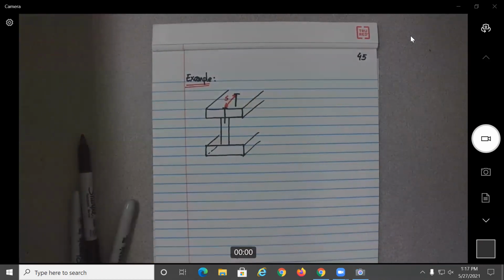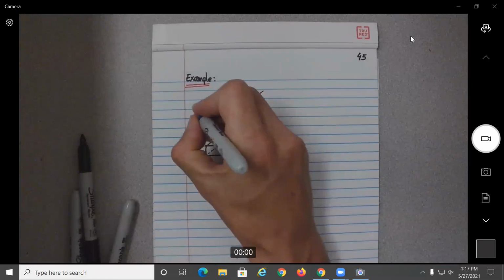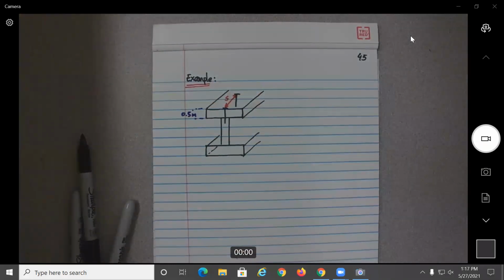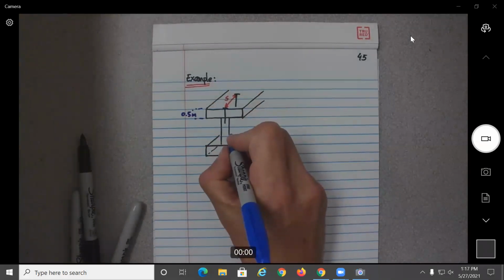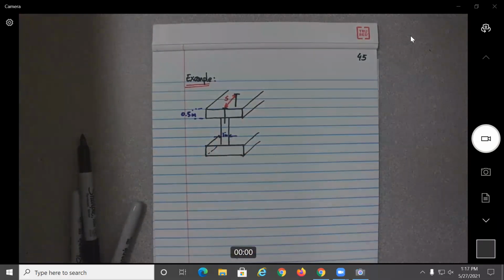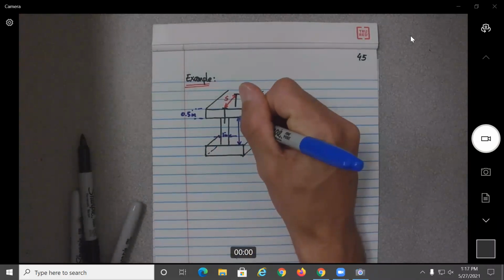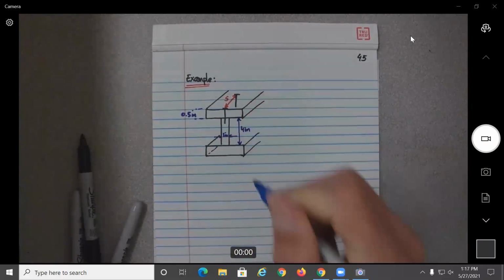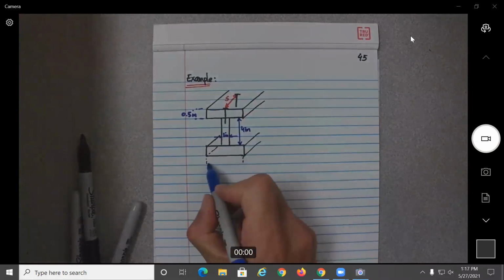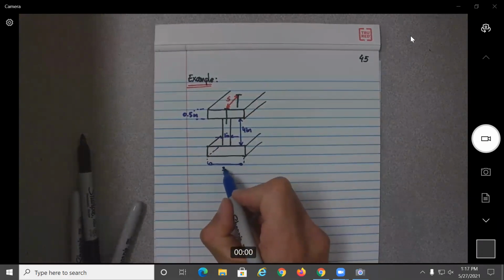And then the dimensions for the cross section will be: this would be 1/2 inch, this would be 1 inch, the thickness of the web, this would be 4 inches, and the base or the flange will have a width of 3 inches.